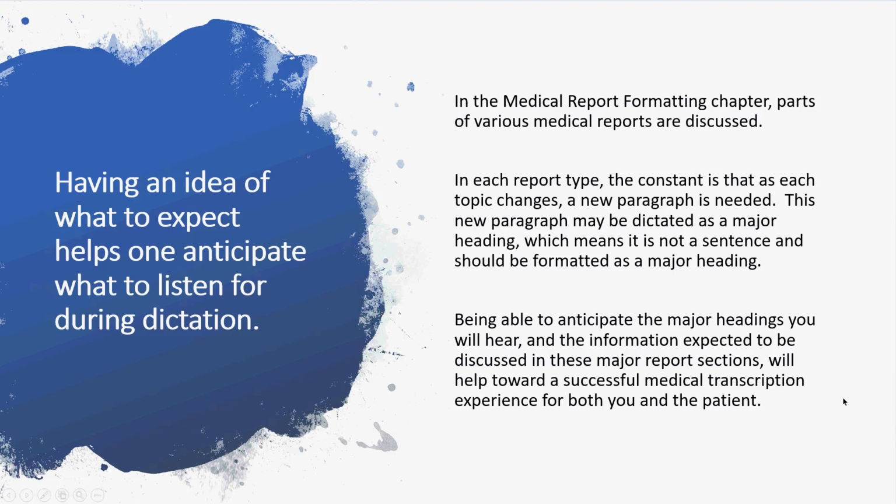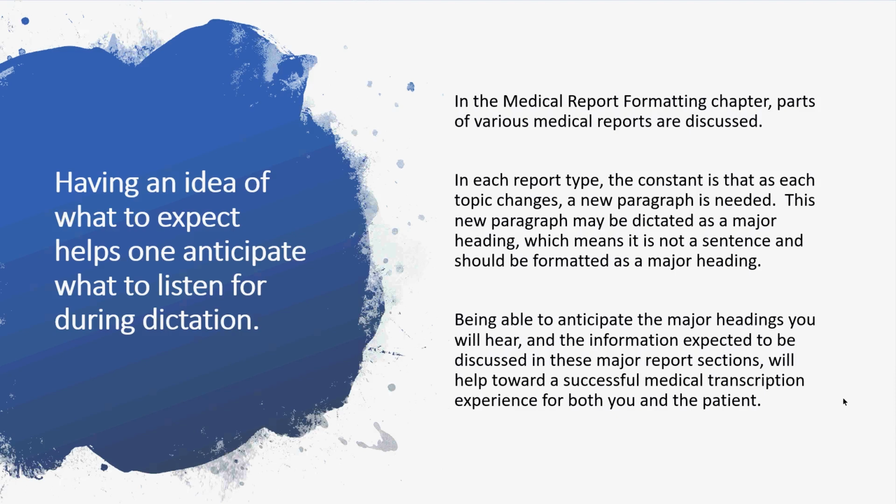Having an idea of what to expect helps one anticipate what to listen for during dictation. In the medical report formatting chapter, parts of various medical reports are discussed. In each report type, there is one constant: as each topic changes, a new paragraph is needed.